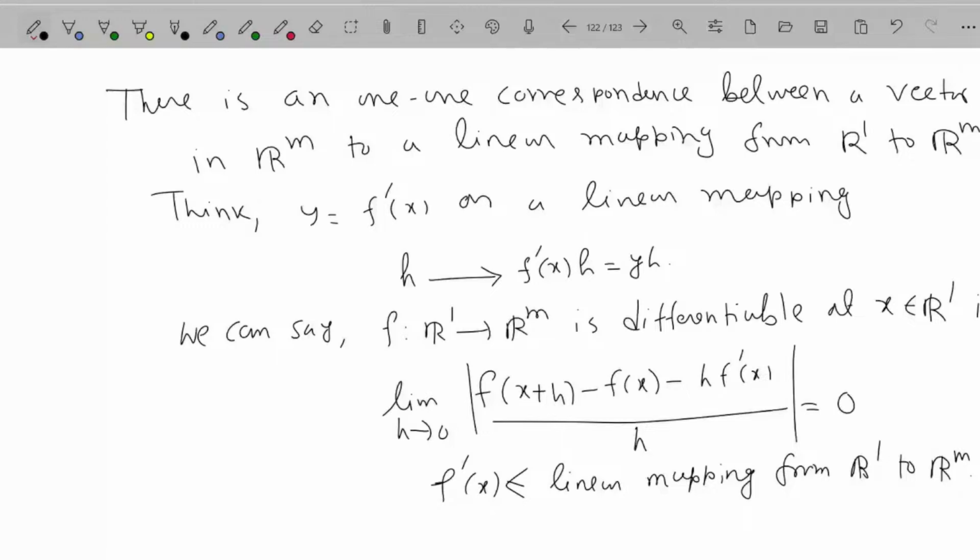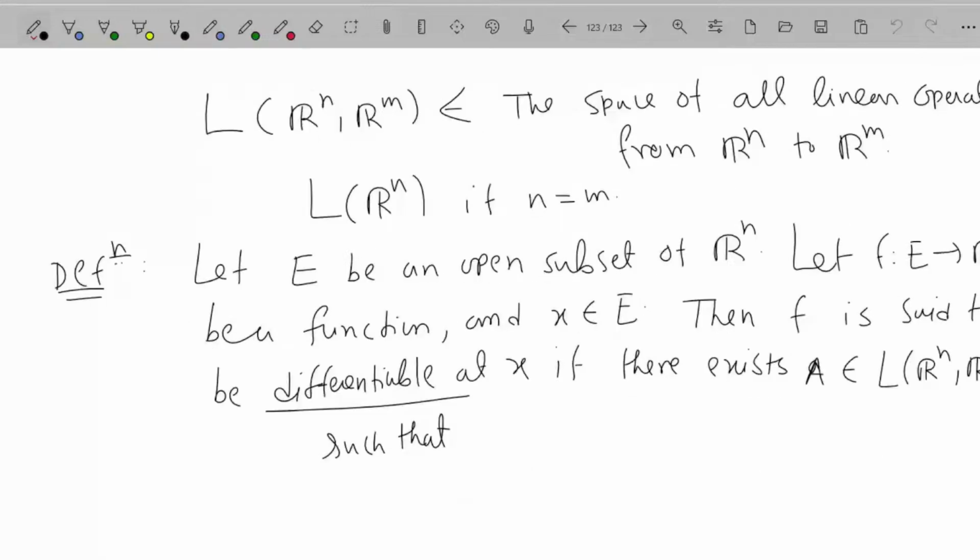So if there exists an A belonging to L(Rn, Rm) such that the limit as h tends to 0 of mod of f(x plus h) minus f(x) minus Ah, where A is acting on h, and sometimes we write Ah, divided by mod h, is 0.